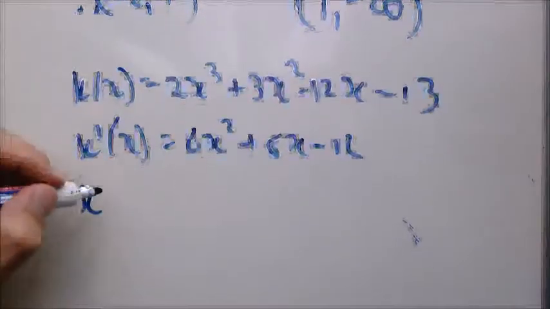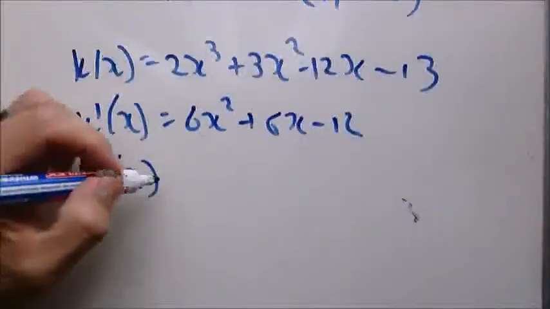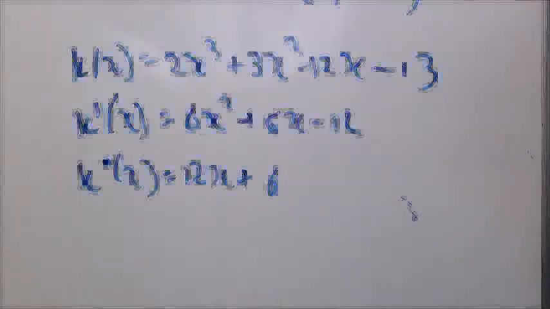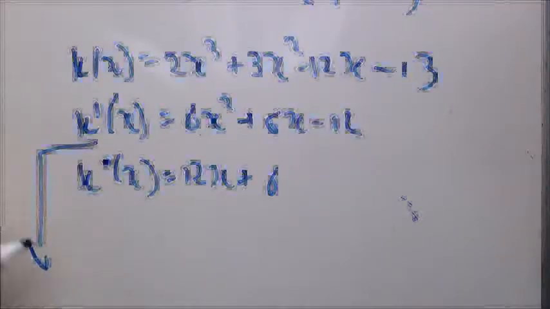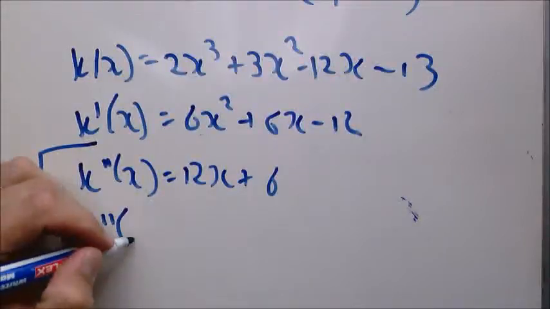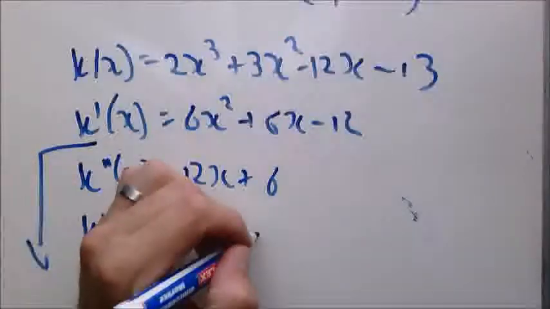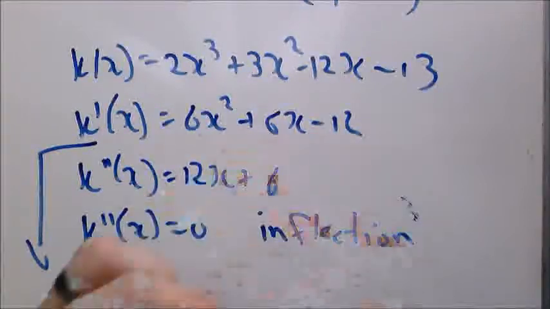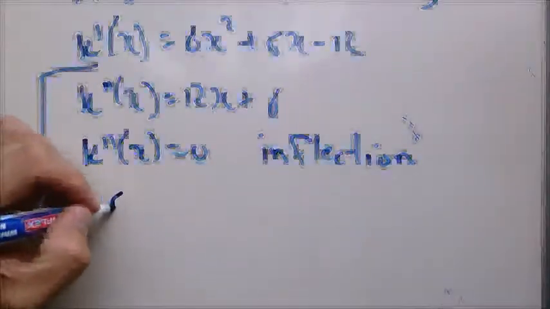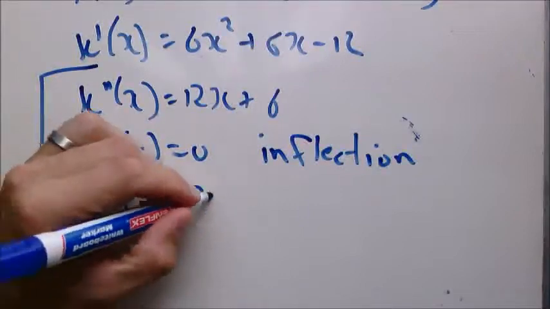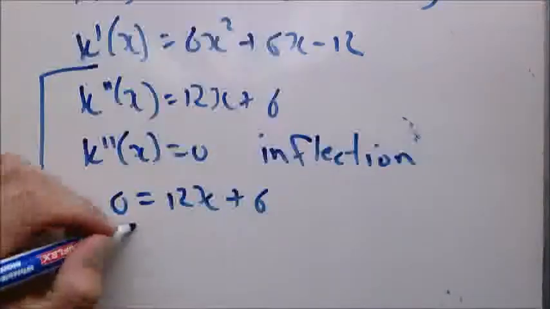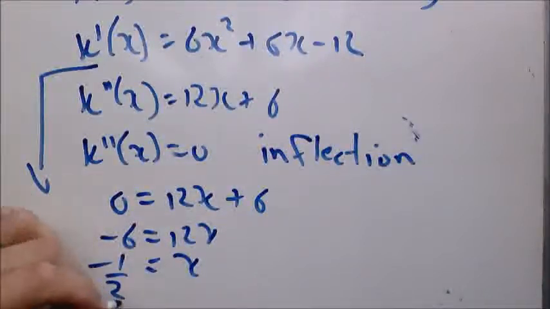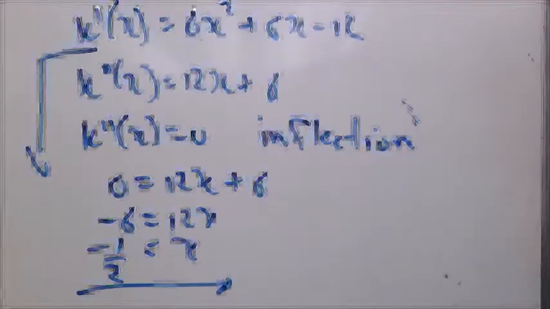And now the second derivative will become 12x plus 6. And remember, where the second derivative is equal to 0, that's the inflection point. Okay? So 0 equals 12x plus 6. So negative 6 equals 12x. So x equals negative a half.